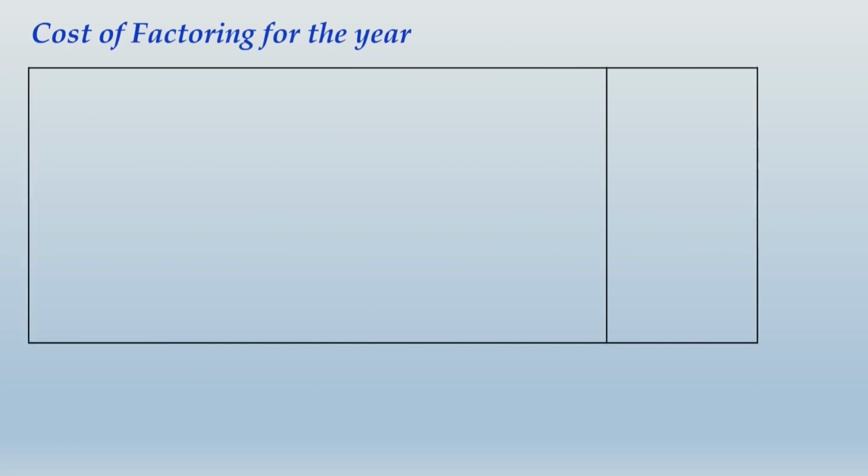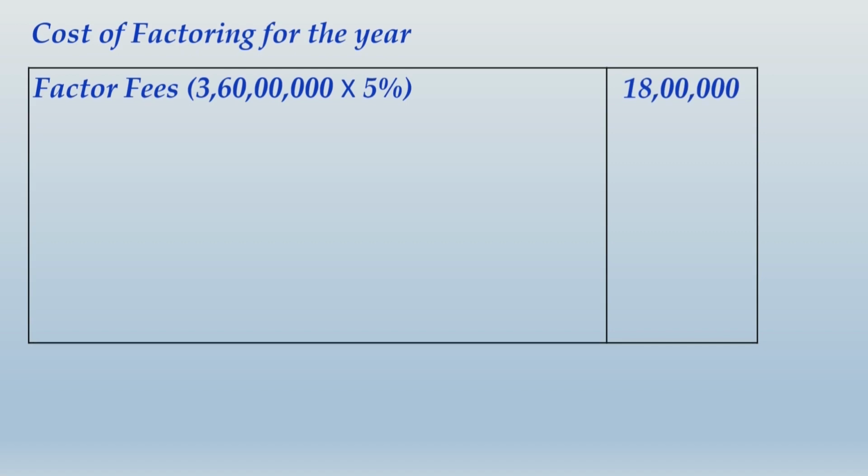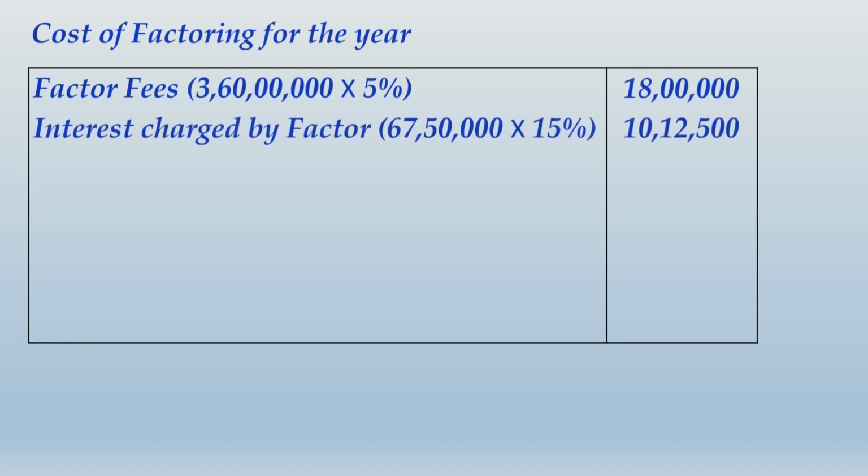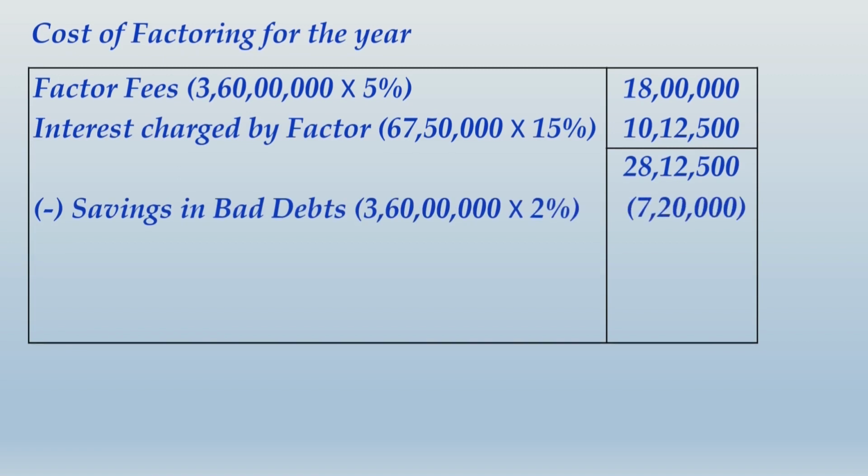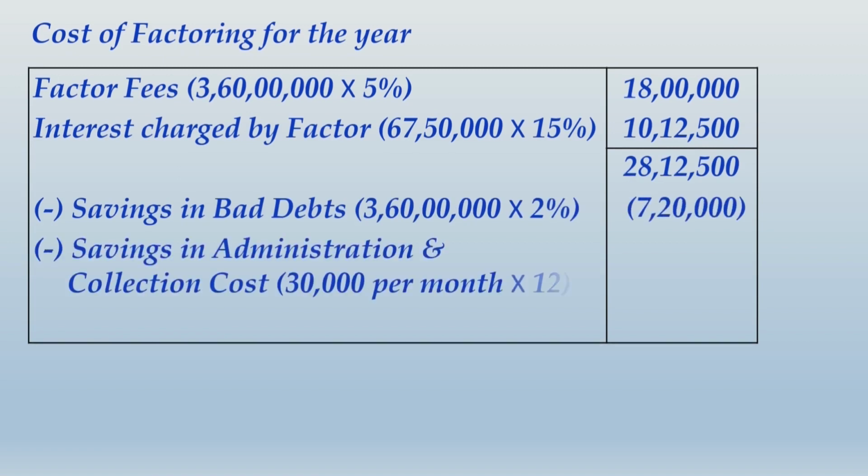Let us go ahead and write up the main part of the solution, that will be cost of factoring for the year. Factor fees doesn't change on an overall basis, but the interest charged by the factor will be 15% of 67 lakh 50,000, that will be 10 lakh 12,500. Aggregate this time is 28 lakh 12,500. You will subtract the savings in bad debts and also subtract the savings in administration and collection cost.